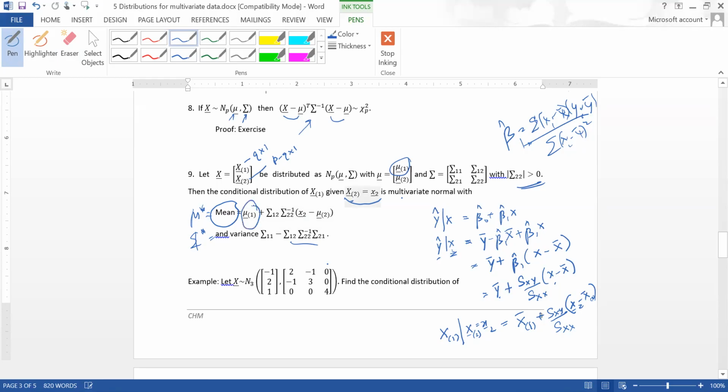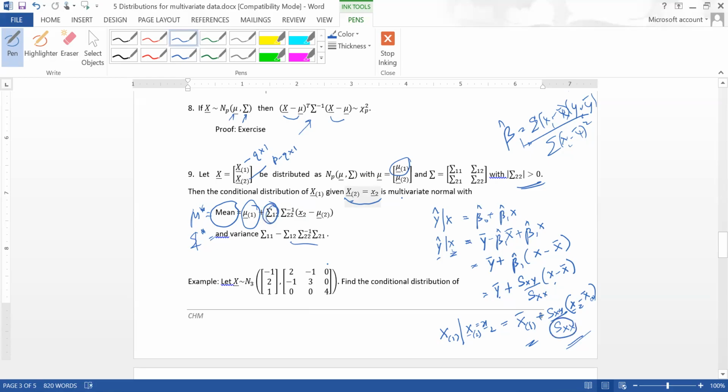Here we have mu1, the mean of x1. So that's the x1 bar, right? Plus Sxy over Sxx. So Sxy is the sigma 1,2 part, right? Not exactly that. We are talking about the vector version of this one, but this is our usual univariate one. So Sxy, the multivariate version, is sigma 1,2. We divide by Sxx.